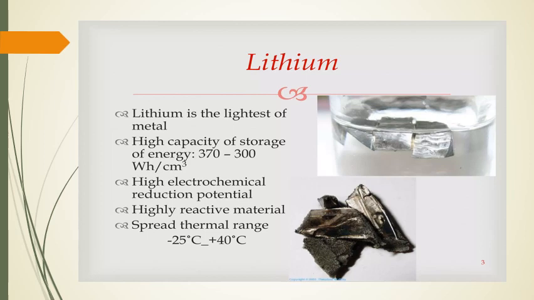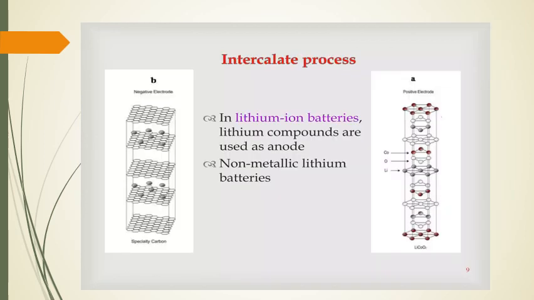High electrochemical reduction potential is found in lithium, and it is highly reliable. The thermal range spans from minus 25 degrees Celsius to plus 40 degrees Celsius. These are the limitations and applications of lithium.